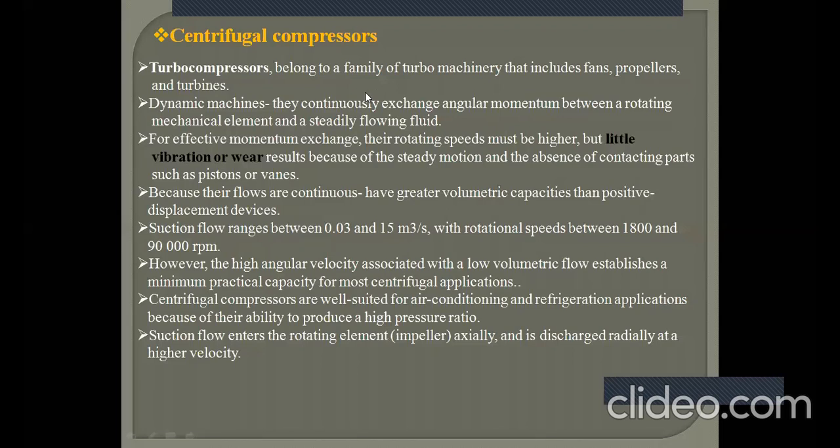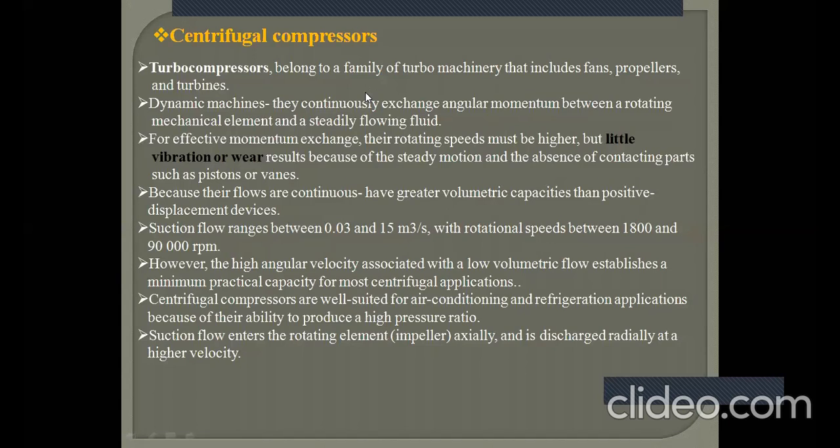This type of compressor is a continuous discharging type, and that's why they are used for very high discharge rates. The suction flow ranges from 0.03 cubic meter per second to 15 cubic meter per second, and speed is between 1800 to 90,000 rpm. So you can cater to very large capacity.